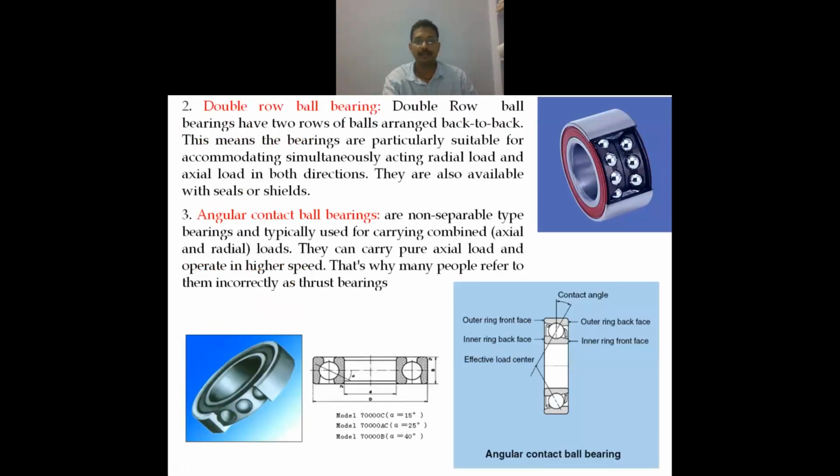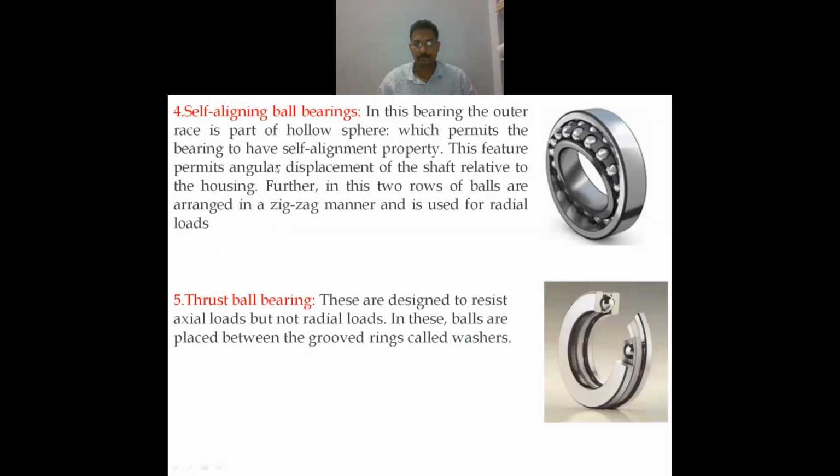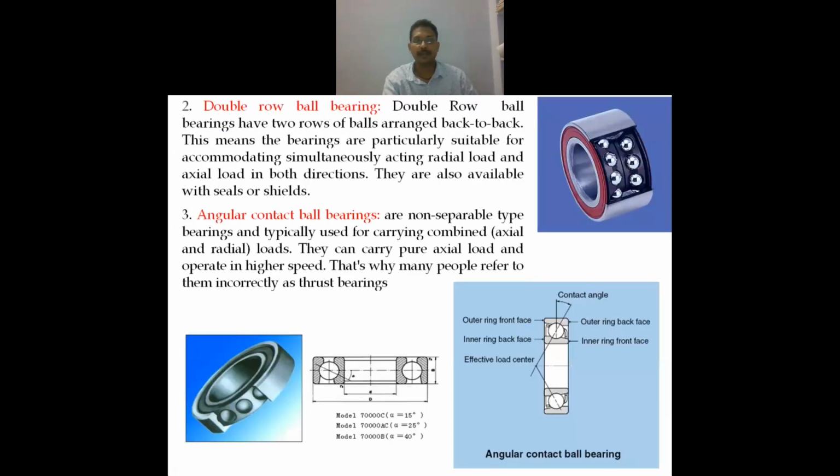Double row ball bearing: from this figure, you can find outer race, inner race, and in between these balls rested in the grooves. Double row ball bearings have two rows of balls arranged back to back. This means the bearings are particularly suitable for accommodating simultaneously acting radial load and axial load in both directions. They are also available with seals and or shields.